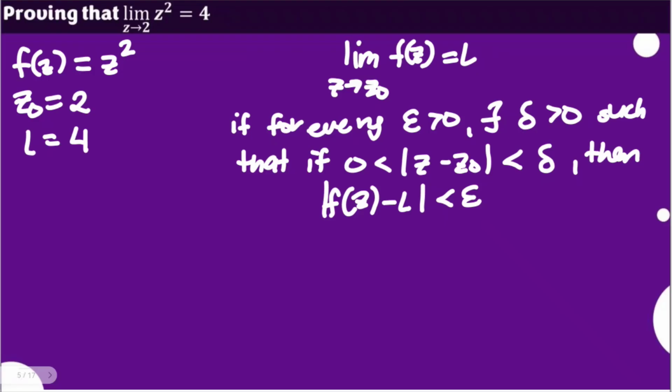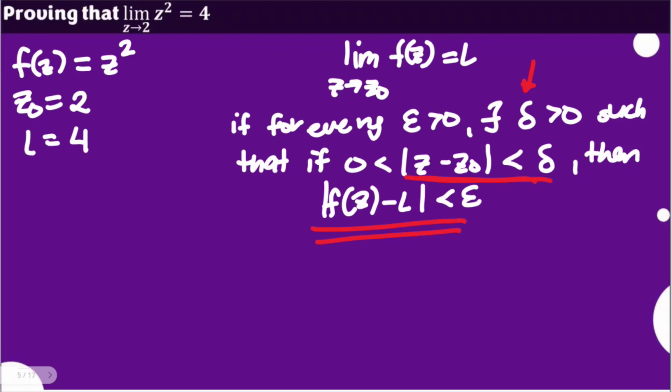This is the portion of the definition, not necessarily complete, which we need to show. That means we need to find a representation for delta, greater than 0, for every epsilon greater than 0, that would satisfy this.